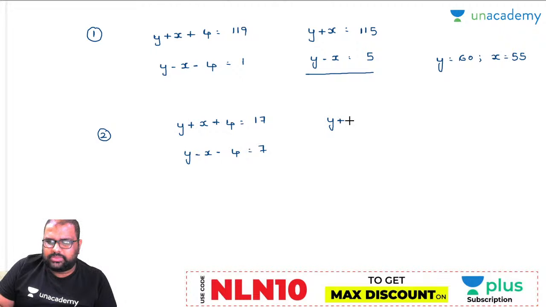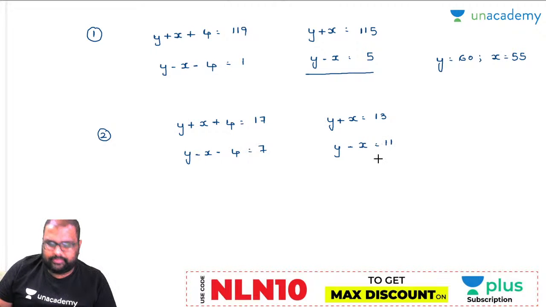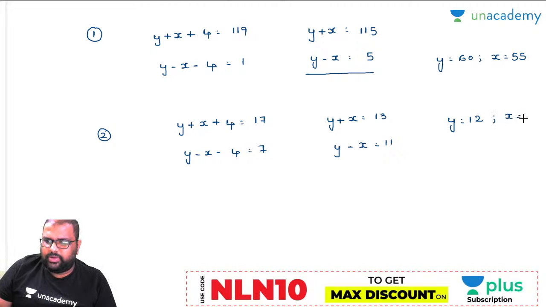Your y plus x value will be equal to 13 and your y minus x value will be equal to 11. Here I am missing simple calculations also. And look, my y value will be equal to 12 and my x value will be equal to 1.